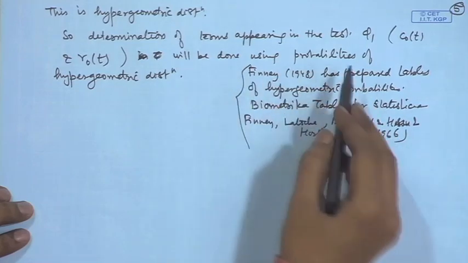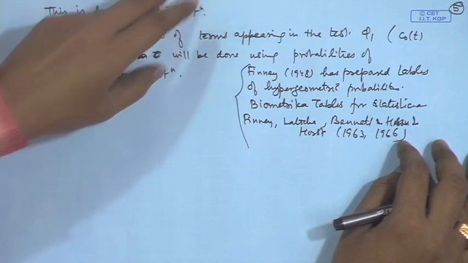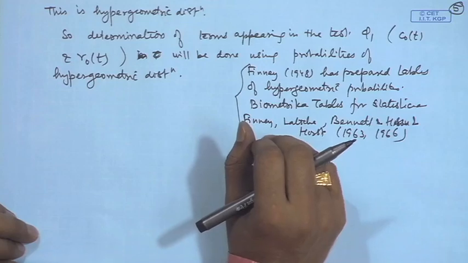So, these people have given the tables of the hypergeometric probabilities, or you can say the critical points of the hypergeometric distribution, which can be used in the determination of this.